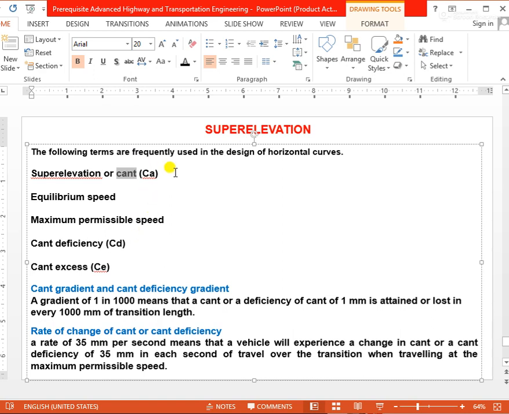So the following terms are frequently used for design of horizontal curves, that is super elevation or cant: equilibrium speed, maximum permissible speed, cant deficiency, cant excess.